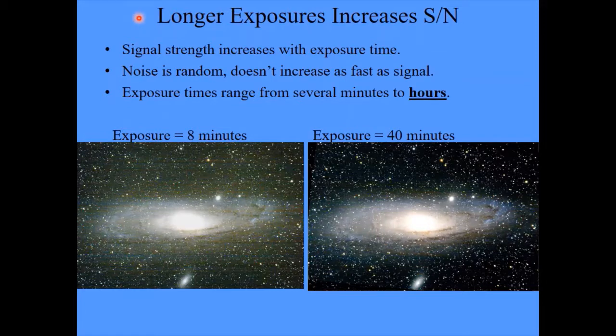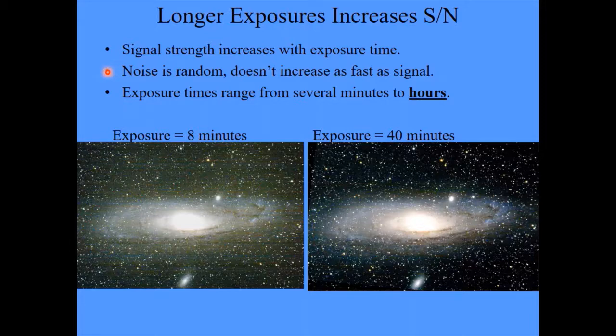So how do we get a higher signal-to-noise ratio? Well, the answer is longer exposures. If we take a longer exposure, meaning we leave the camera shutter open, allowing it to collect more light, then we can build up the signal over time, and the noise is random, so it doesn't build up as fast as the signal.